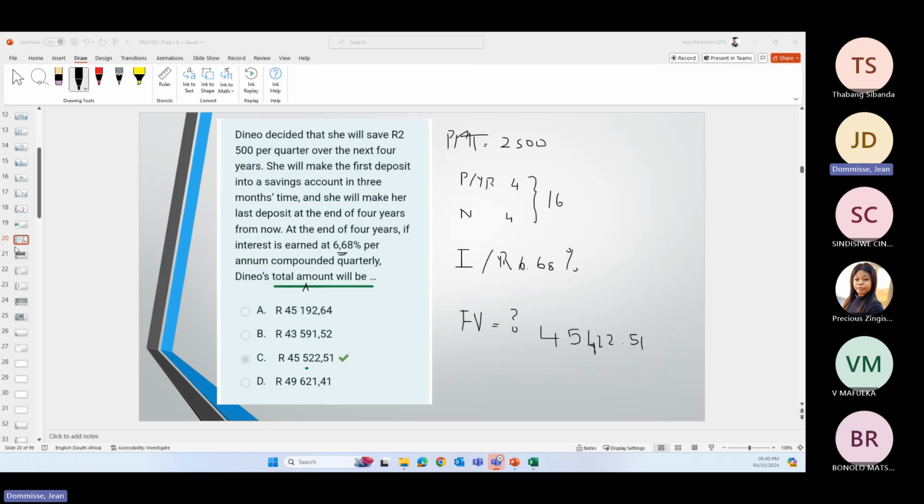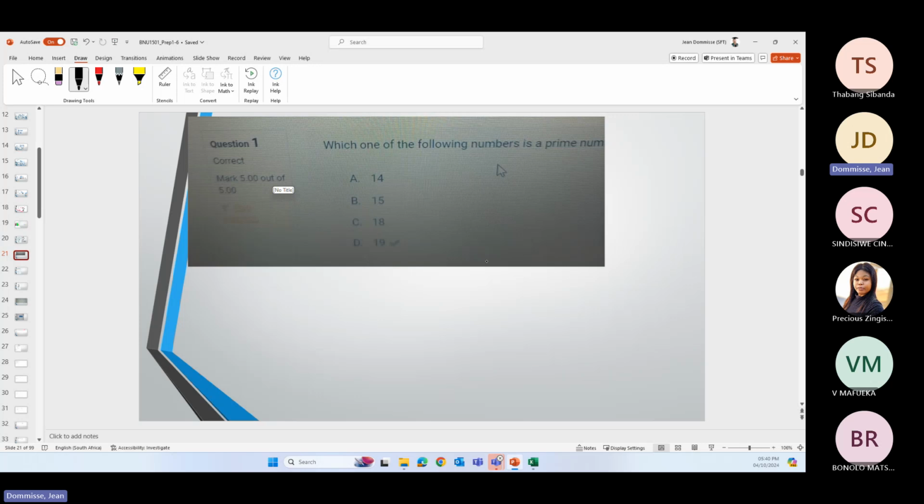Okay, so I said it's a mix of questions tonight. This was again from an assignment in the first semester, I think, and they ask which one of the following numbers is a prime number.